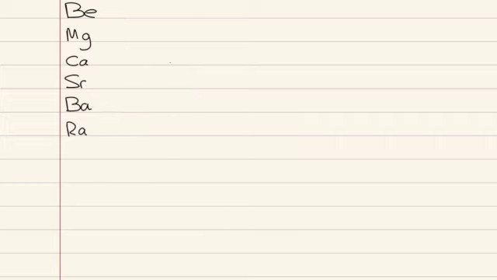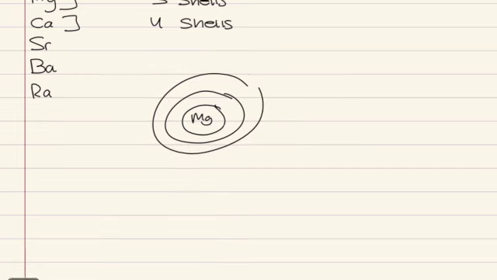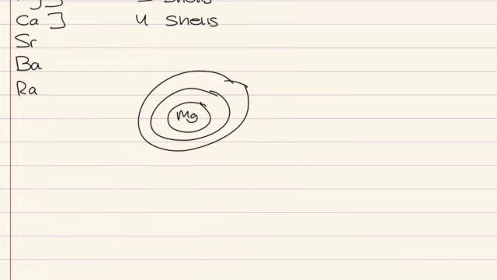So let's take magnesium for example. Magnesium has 3 shells of electrons, whereas calcium will have 4. So if we draw a little diagram, let's just say this is magnesium. We got our first shell, the second shell, the third shell. Okay, and now we know that metal carbonates are ionically bonded.